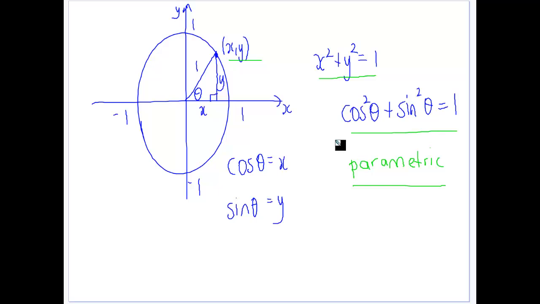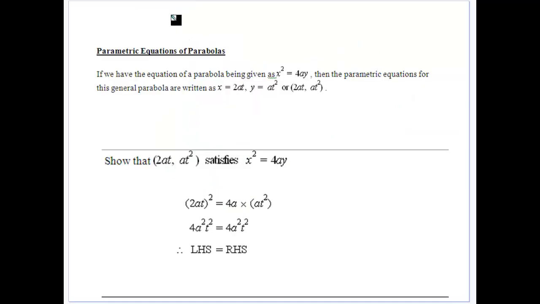Because that makes it easier to solve some problems. And that's why we do it. We don't do it just for the fun of it. It's got to have a purpose. And the purpose is that we are able to make something a little bit easier to solve. That's our aim anyway. It doesn't seem like that sometimes, but that's our aim. So to solve problems a little bit easier.